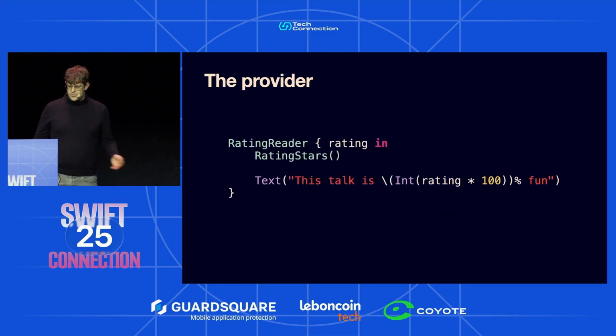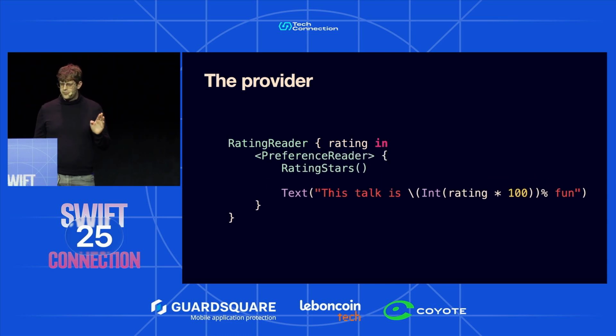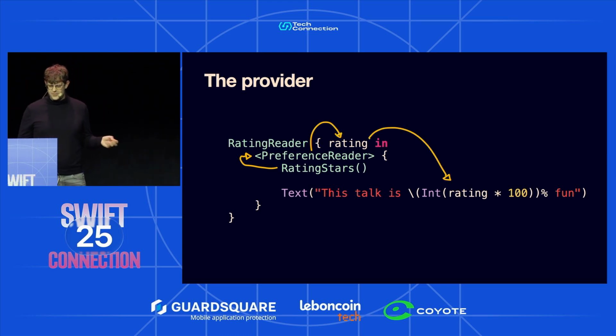And you can now use rating reader. It feels more SwiftUI than ever. How does it work? It works because rating reader will add some kind of preference reader inside the hierarchy. Rating star will provide the value to the reader that will provide it to the callback that will actually provide it to the text. So keep track of your data and you will see it works.